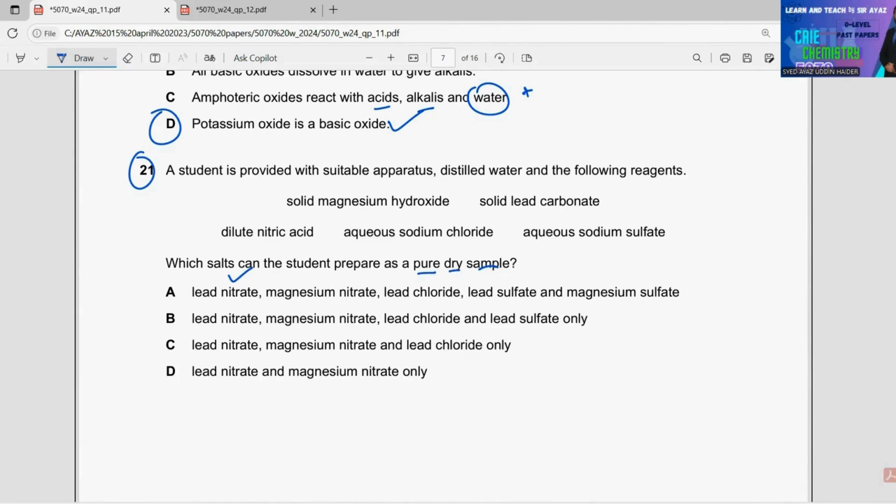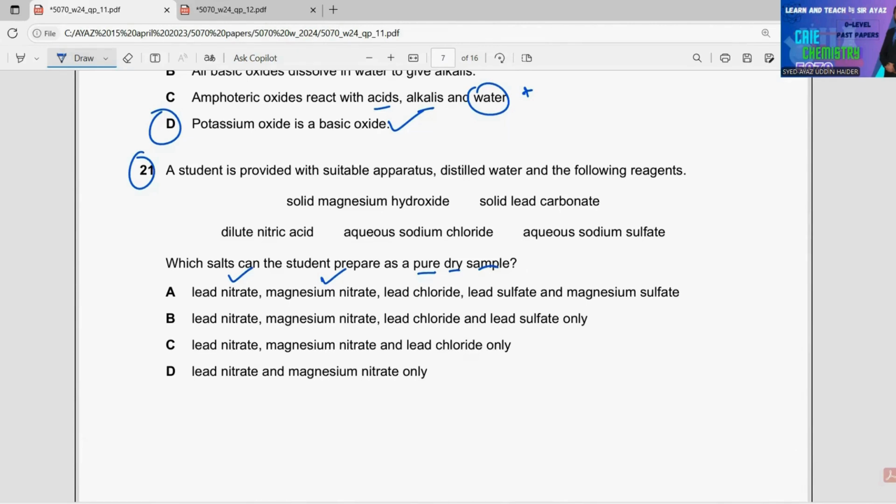What about magnesium nitrate? If you react solid magnesium hydroxide with dilute nitric acid, you can get magnesium nitrate. What about lead chloride? In order to get lead chloride, we need to first react solid lead carbonate with dilute nitric acid to get lead nitrate.